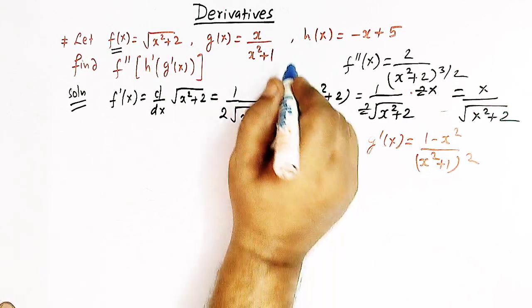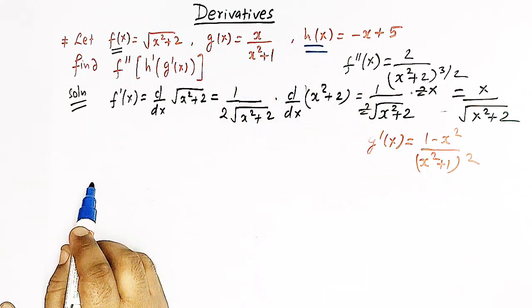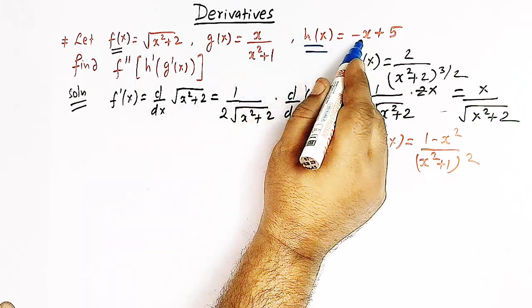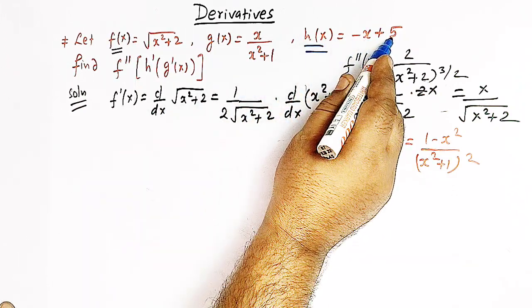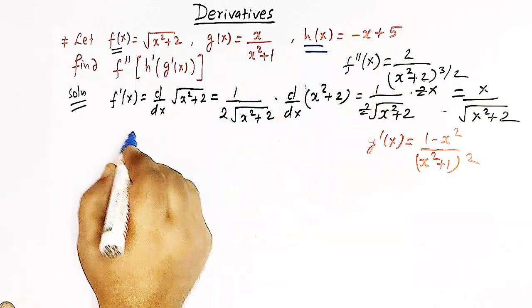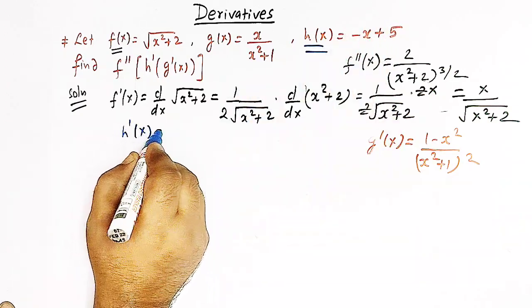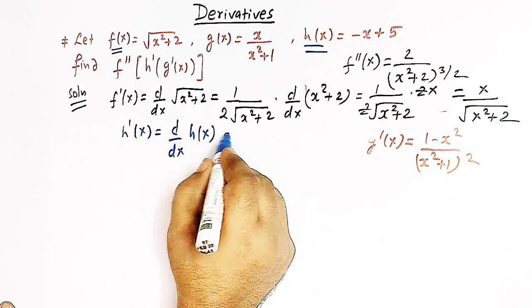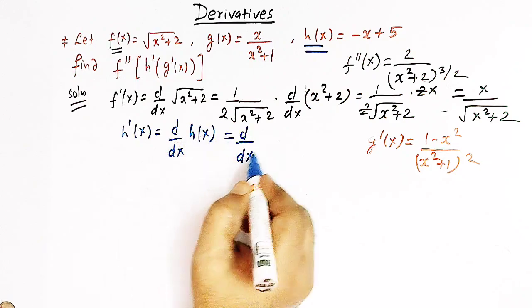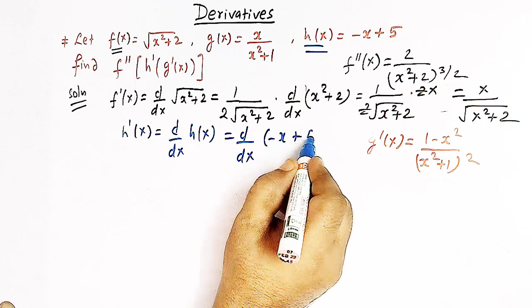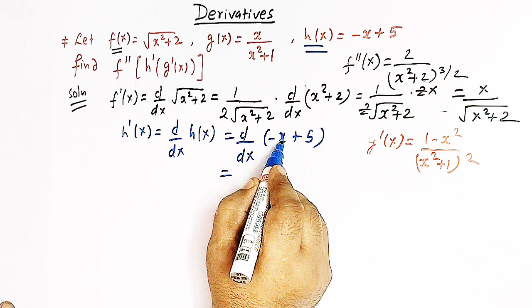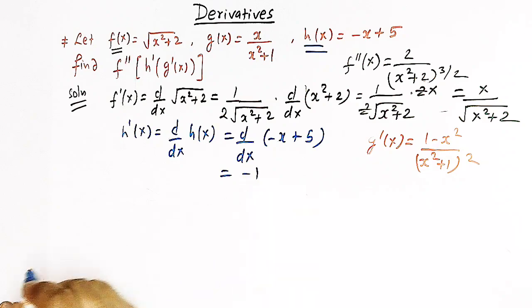So now let us find out the derivative of the third function, that is h of x is equal to minus x plus 5. So this is a linear function. So h prime of x is given by d by dx of h of x, and this is d by dx of minus x plus 5, and the derivative of x is 1, so we have minus 1, right?